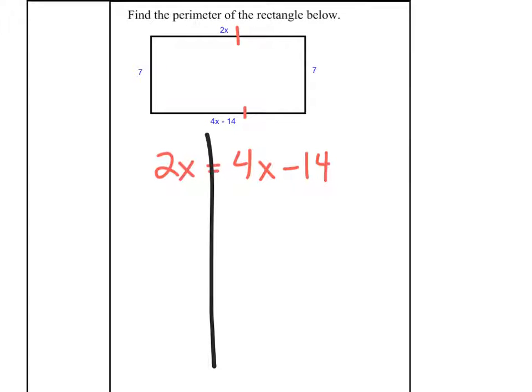But, Joanne, what you can do is isolate, because I know we have 2x and 4x. We want to get them together. So, Joanne, what should I do to get them on the same side? Yes, subtract 4x.